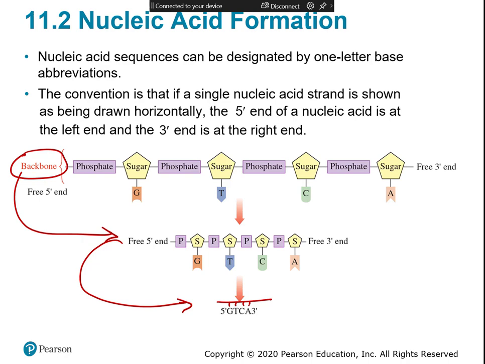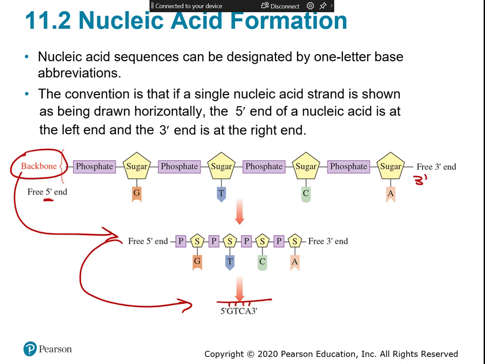The other thing to notice, remember that proteins had a nitrogen end and a carbon end. So there was kind of a beginning and an end. Notice it's the same thing here. When they say this 5' or this little 5 comma end, that's the end where the phosphate is. Over on the sugar end, that's the end where the alcohol group is still on the sugar's carbon number 3.